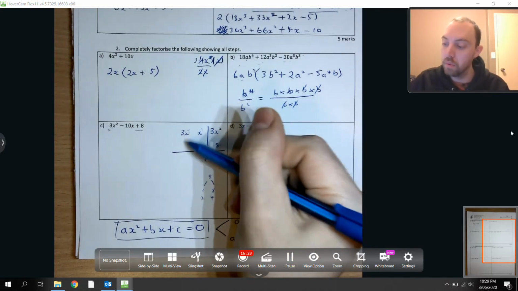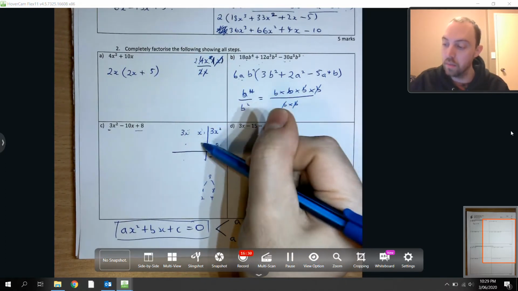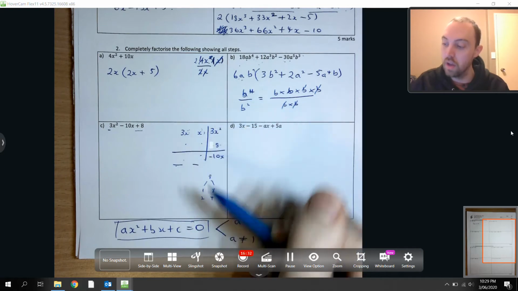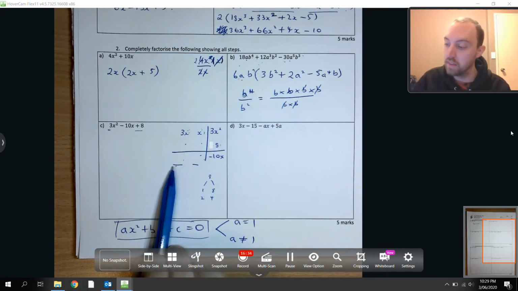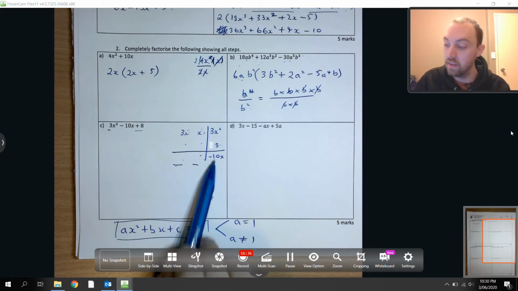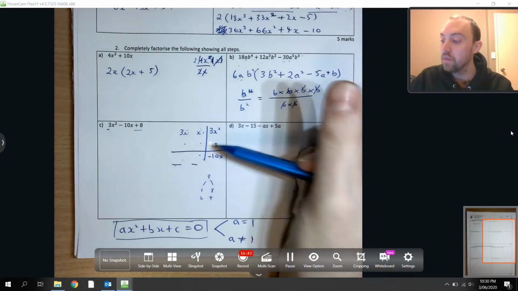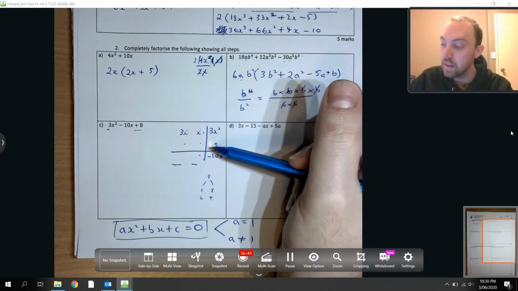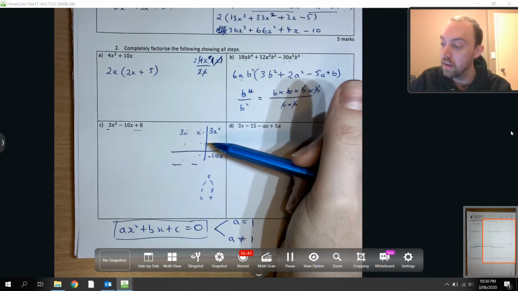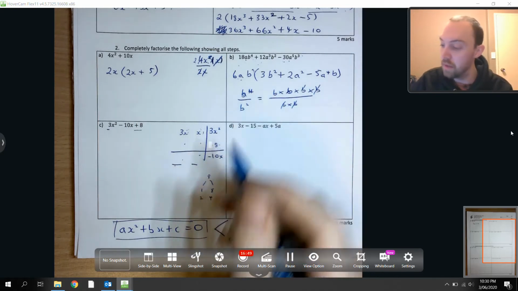And when I multiply down, I'm going to get two terms. And when I add them together, hopefully I get negative 10. Or if I can factorize this, then I should get negative 10 rather. So factors of 8, and we can make mistakes with this.